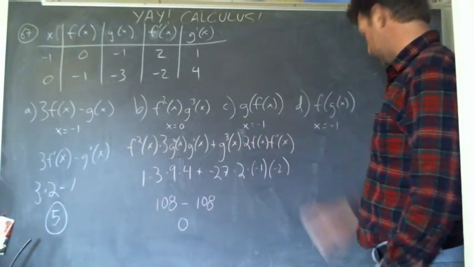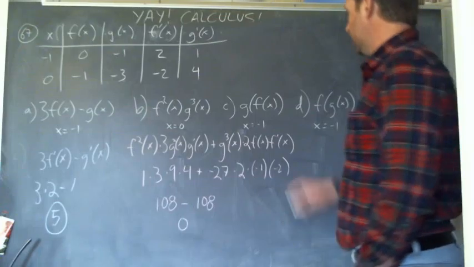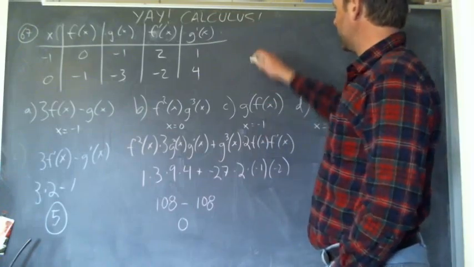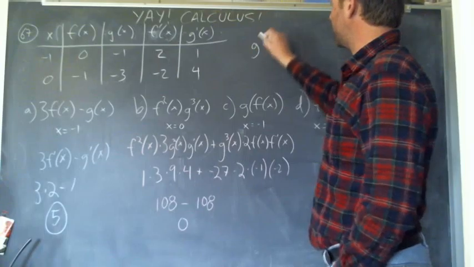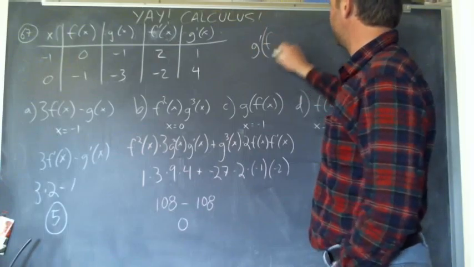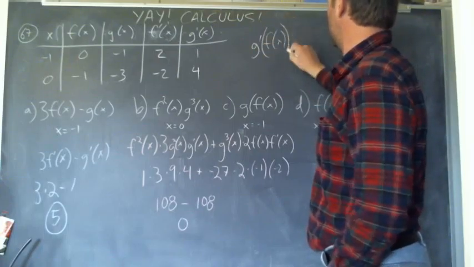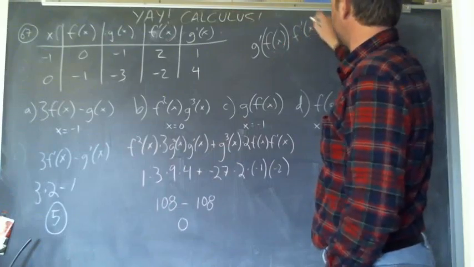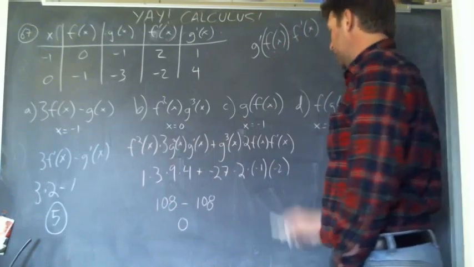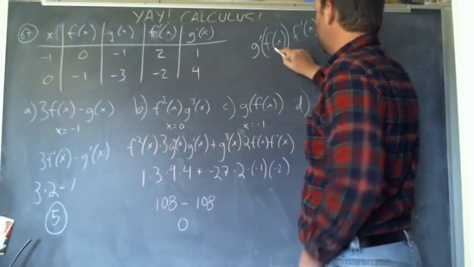C, g of f of x, where x is -1. So the derivative of g of f of x is just chain rule. So it's going to be g prime of f of x times the derivative of the inside, f prime of x. Evaluating, x equals -1.